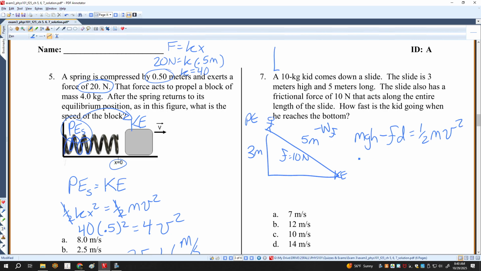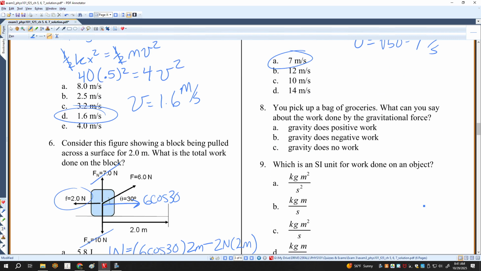I need the mass here because they don't cancel out. 10 kilograms times 10 meters per second squared times the height, which is 3, minus 10 newtons times 5 meters equals 1/2 of 10 times v squared. 10 is the mass of the kid. And v then is equal to square root of 50, which is equal to 7.